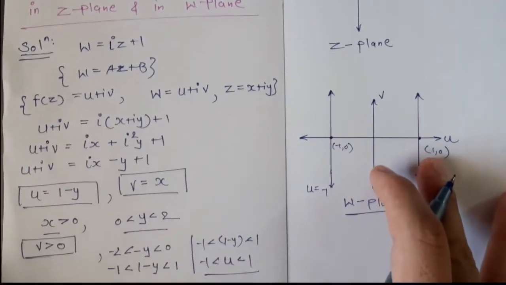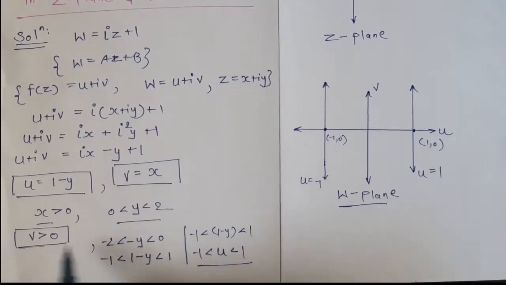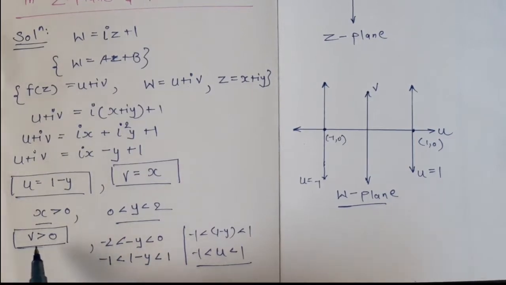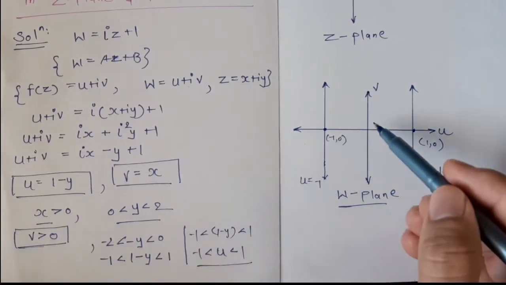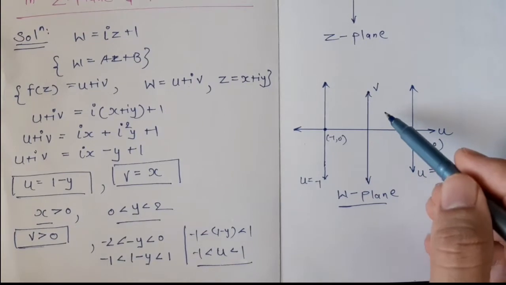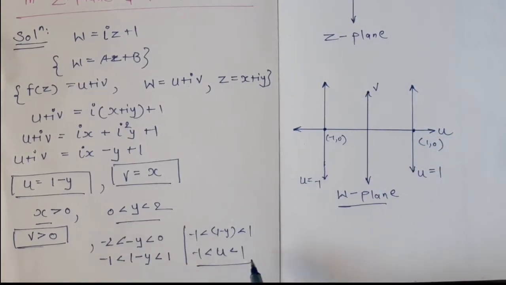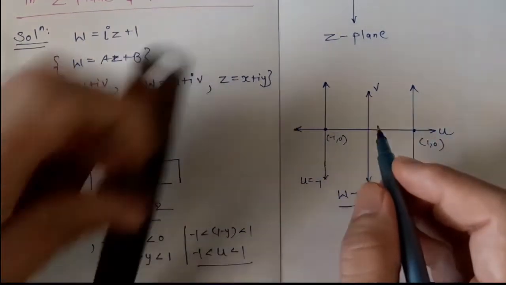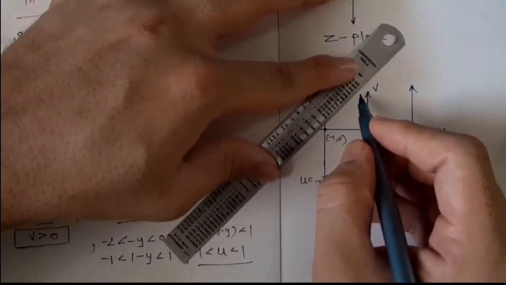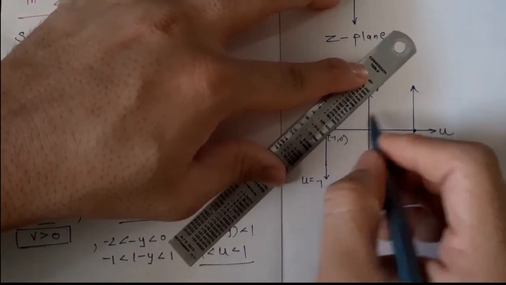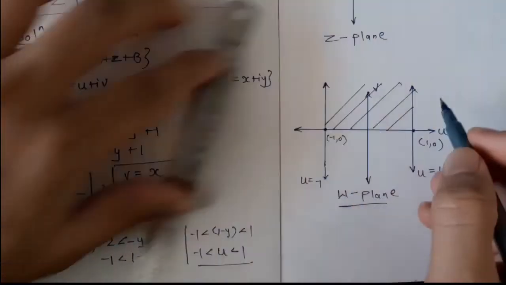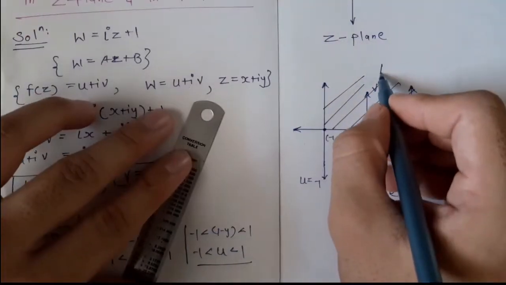So now we will see the intersection of these two inequalities. That is, v greater than 0 means the part above the u axis, and u between minus 1 to 1. So it will be this much part. I will show it by the shaded region, extended till infinity.